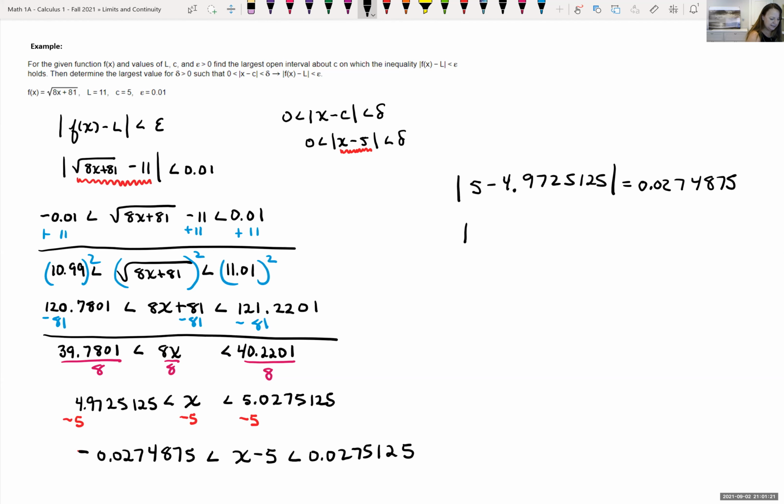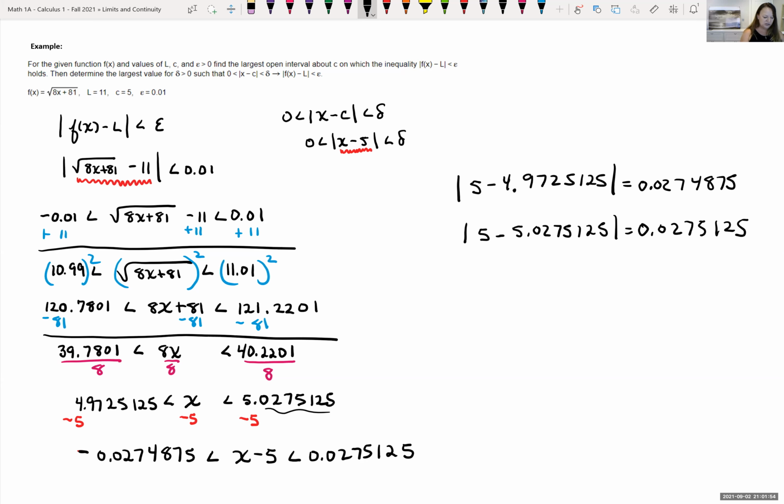Where if I look at the distance of 5 minus this value right here, 5.0275125, that gives me 0.0275125.